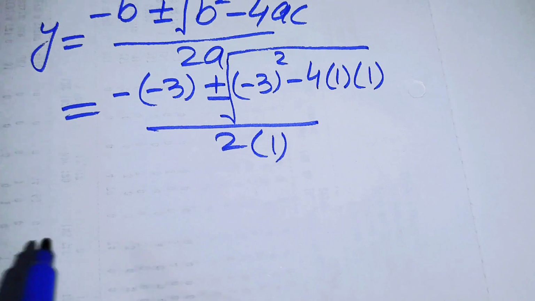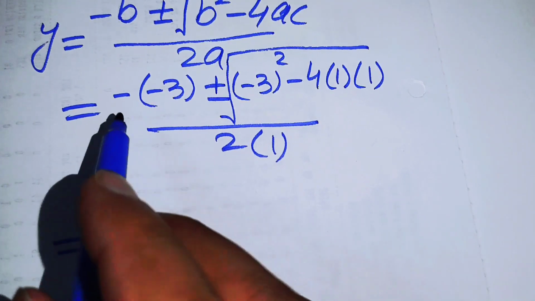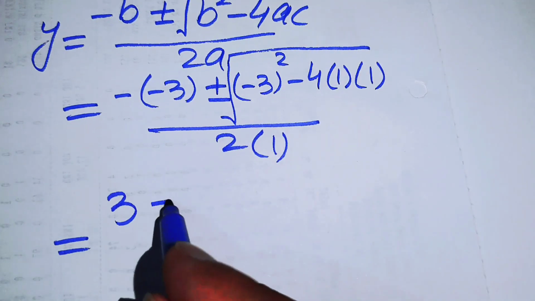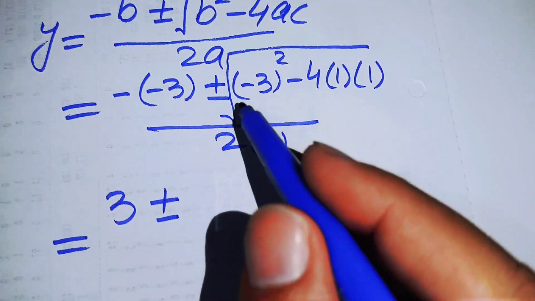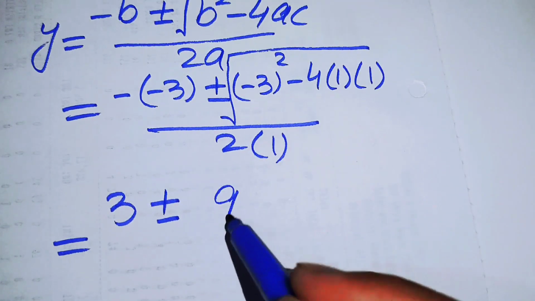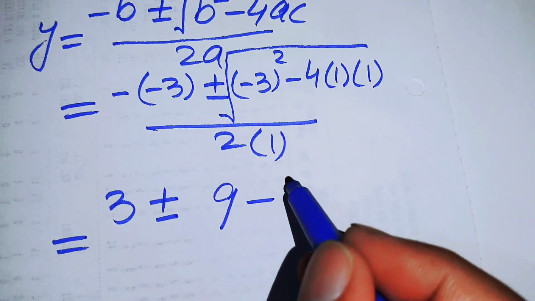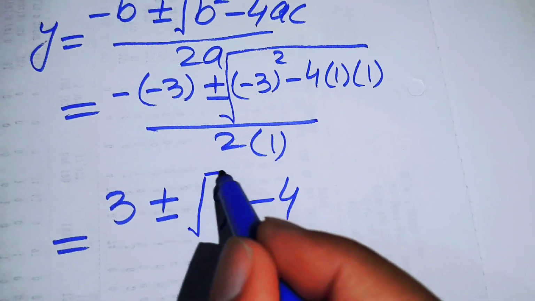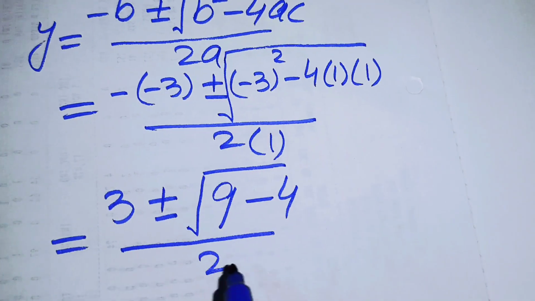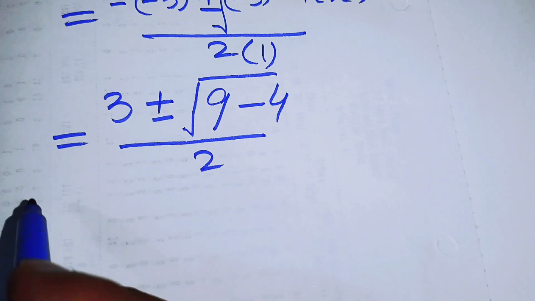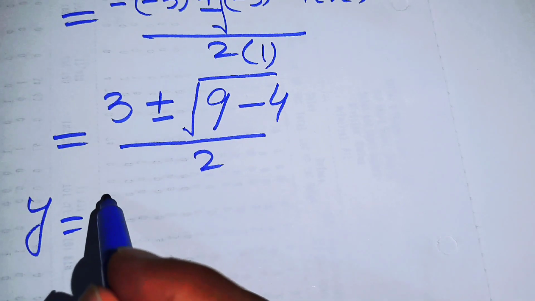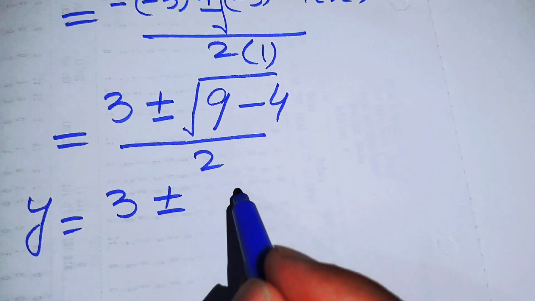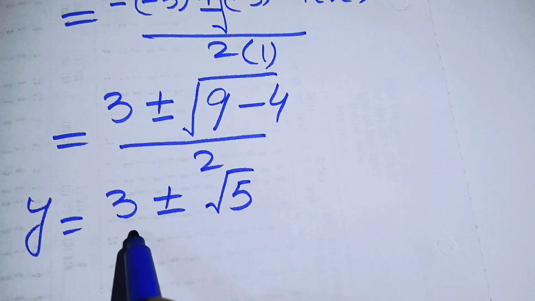Now we can simplify the terms, and here you get minus times minus is plus 3, plus or minus the square root of the square of minus 3 is equal to 9, and 4 times 1 is 4, over 2. So here we get the value of y is equal to 3 plus or minus square root of 5 over 2.